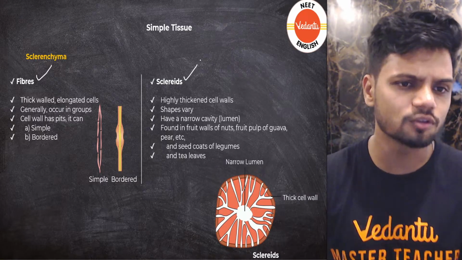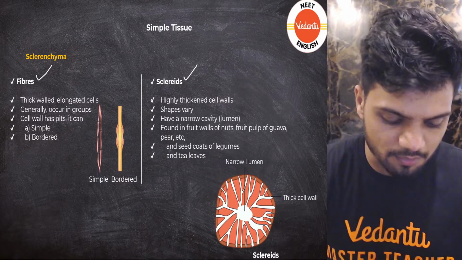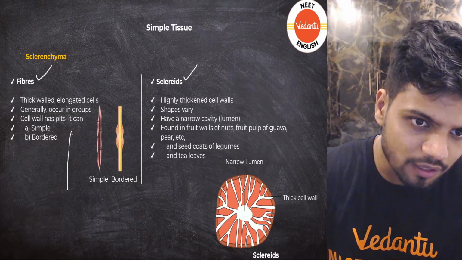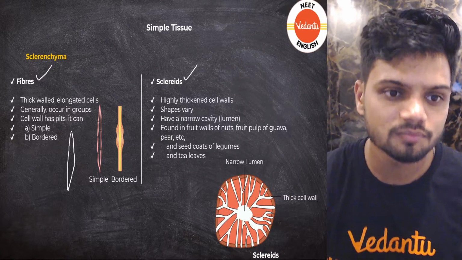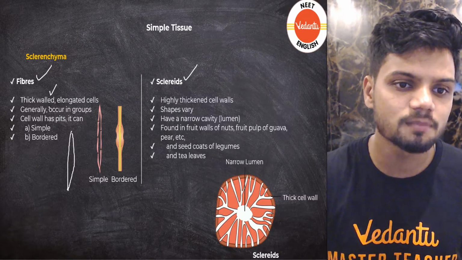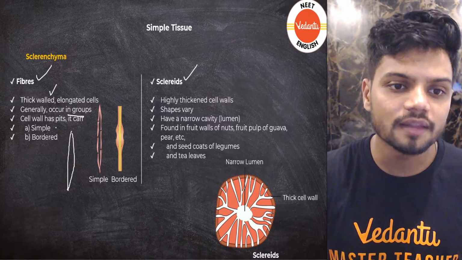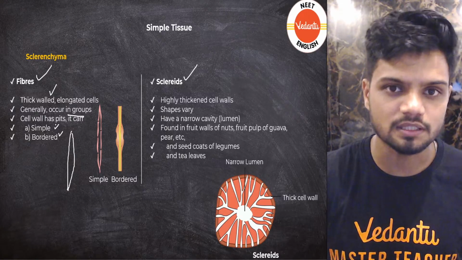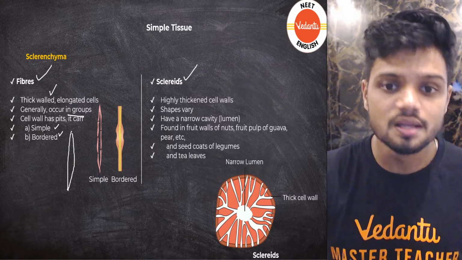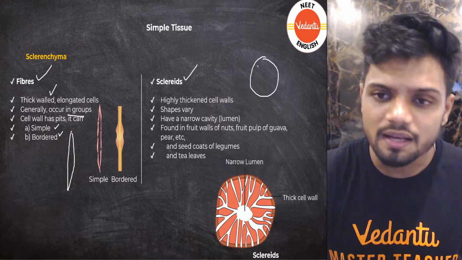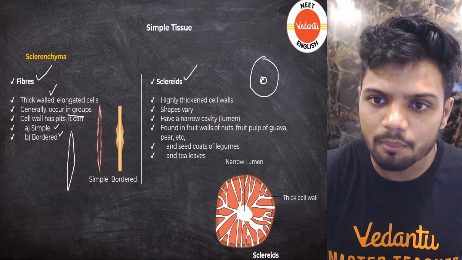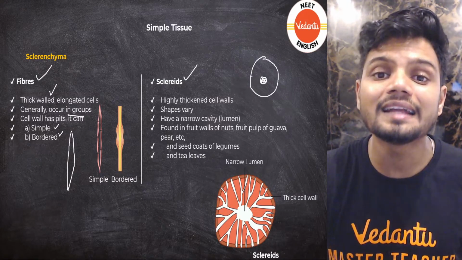If you look at the fibers, they're elongated, narrow, tube-like structures with tapering ends. Thin-walled, elongated cells generally occur in groups. They can have simple or bordered pits. While in sclereids the shape can vary, and here the lumen is completely filled by lignin depositions.